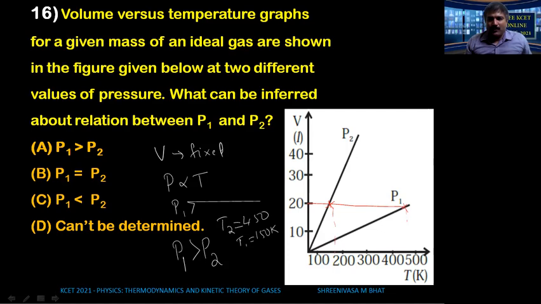More temperature, more pressure. So more pressure is for P1. Therefore, option A is correct.